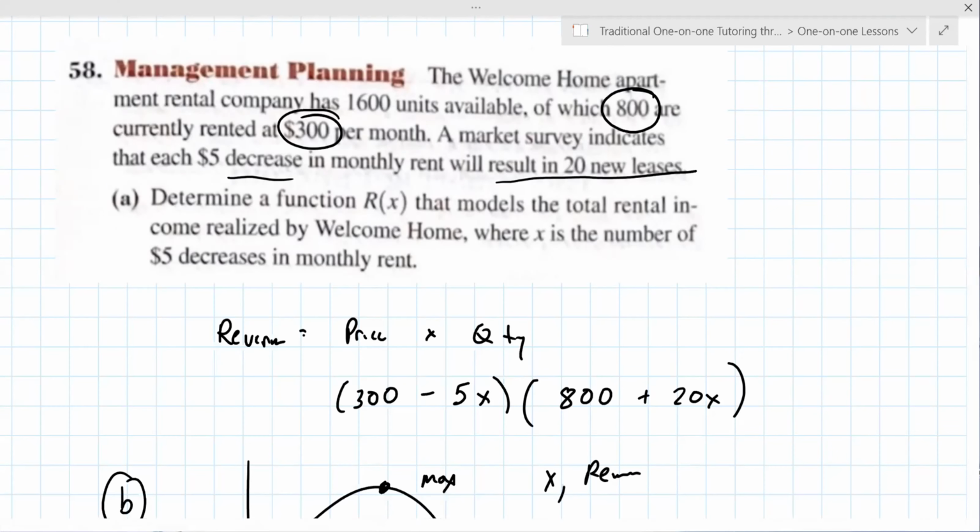So hopefully I've given you enough information. I'm just asking you to graph this, find the maximum point, and then interpret the answer. And if you could chat over what you think is the right answer, I'll give you a minute or two to work on that.